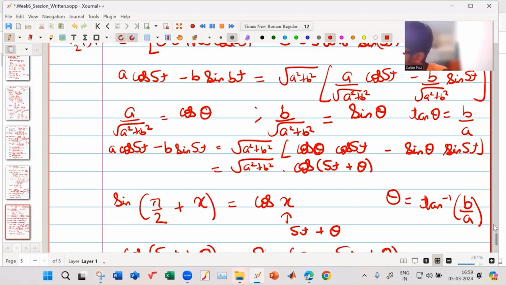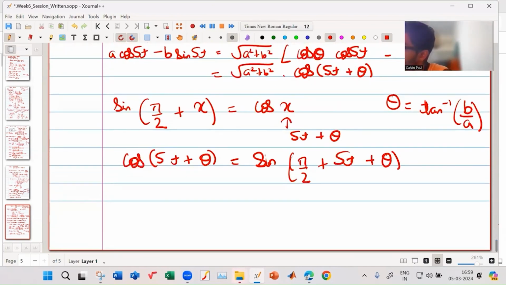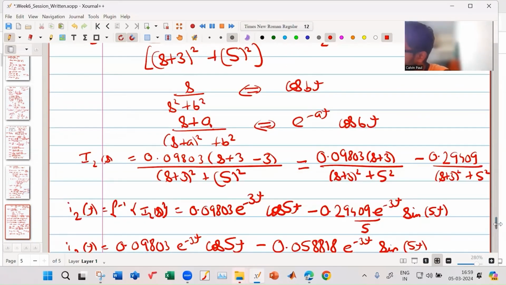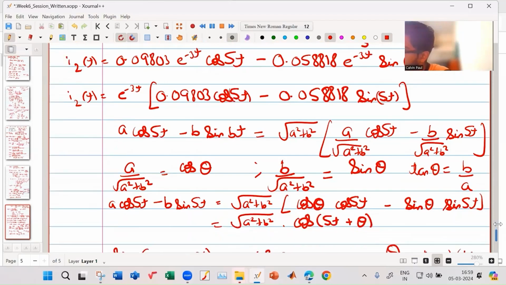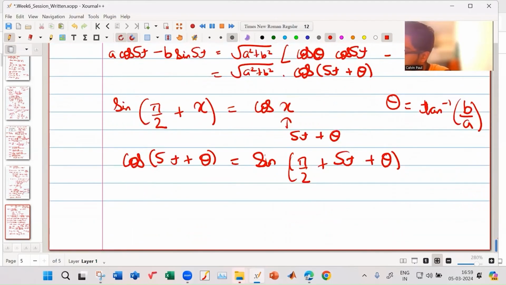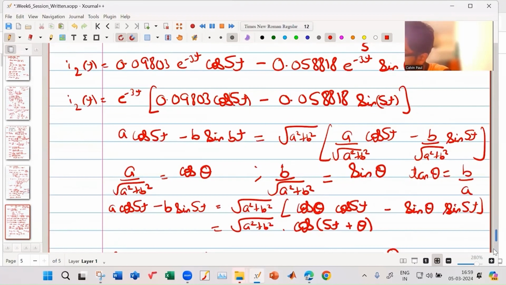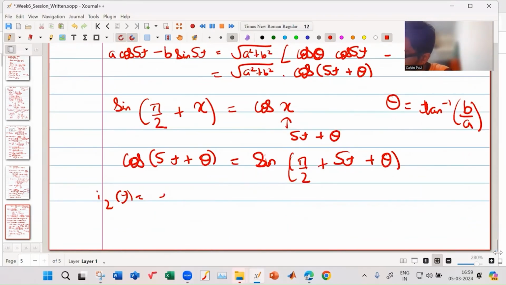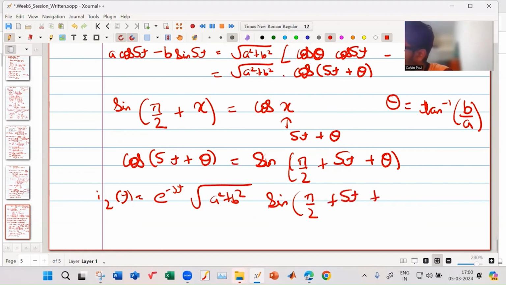Now I will substitute over here. So I will get my I2 of t is equal to e raised to minus 3t into square root of a square plus b square into sine of pi by 2 plus phi t plus theta, where theta is equal to tan inverse of b upon a.